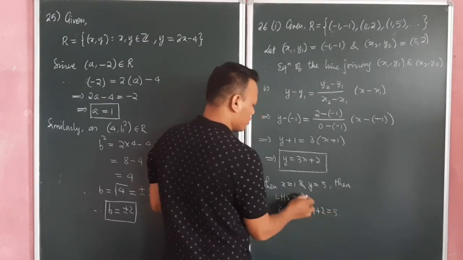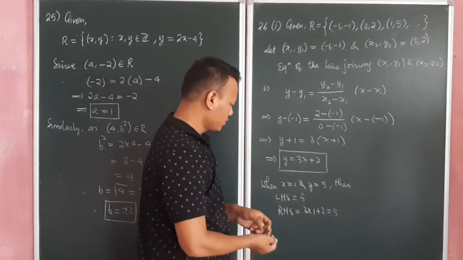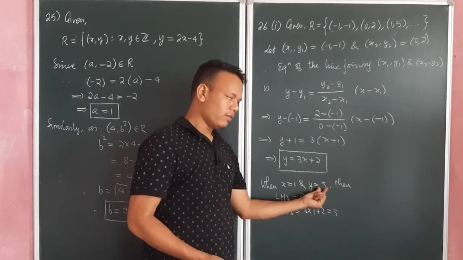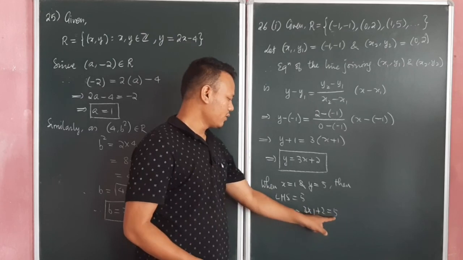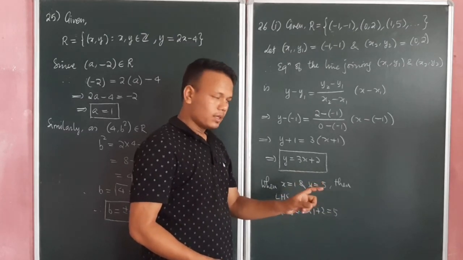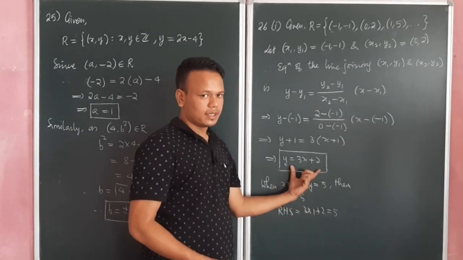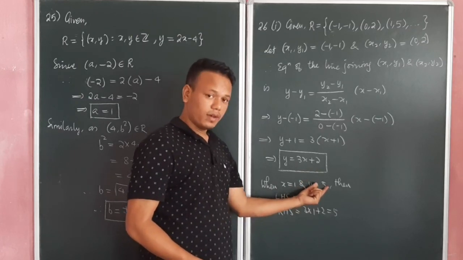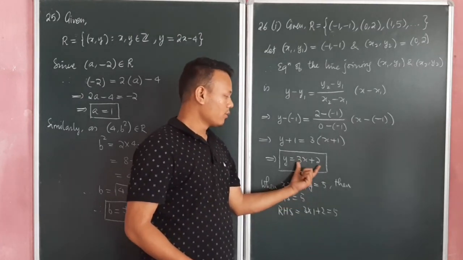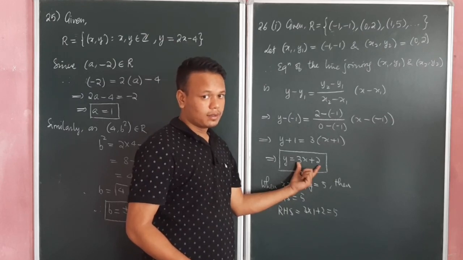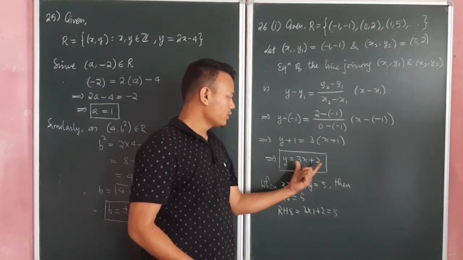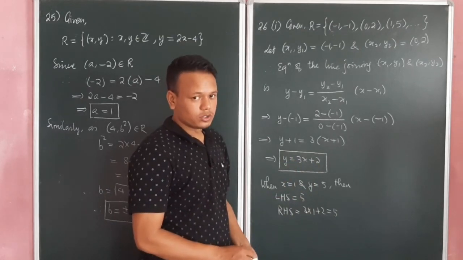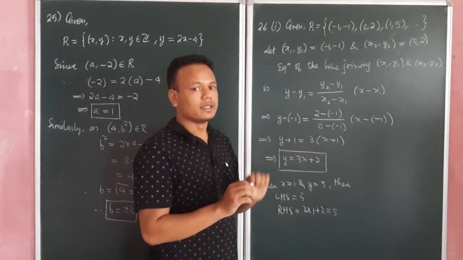This is also 5. So both are the same, right? So that means when x is 1 and y is 5, the left hand side and right hand side both turn out to be equal. That means this equation is satisfied by 1 comma 5. That means 1 comma 5 also lies on this line. All right, so what's the meaning of this? This means that this is the required equation of the line, or the required linear relationship.